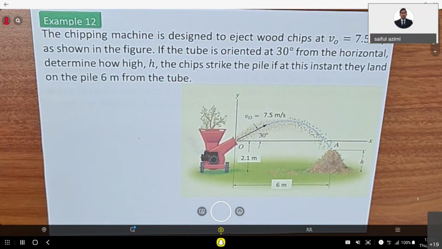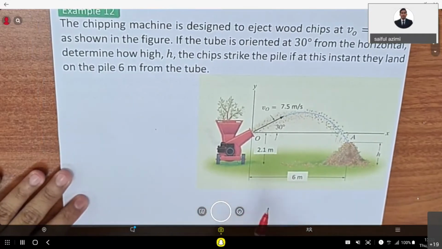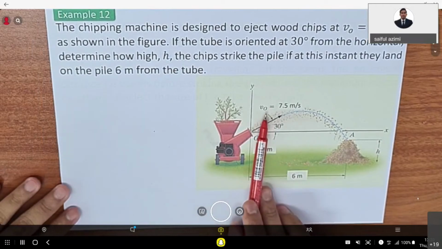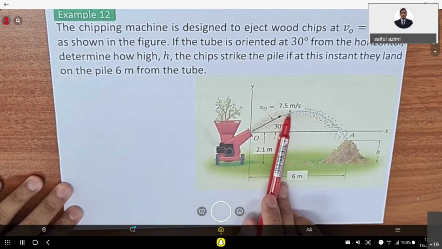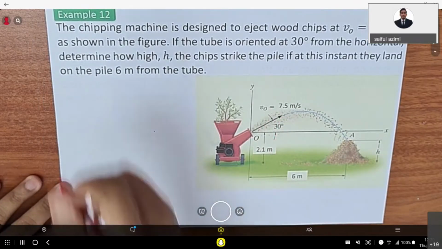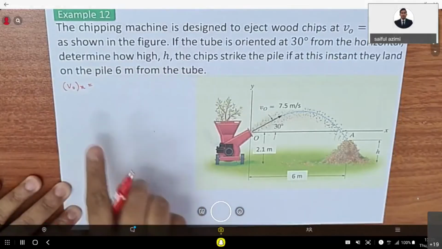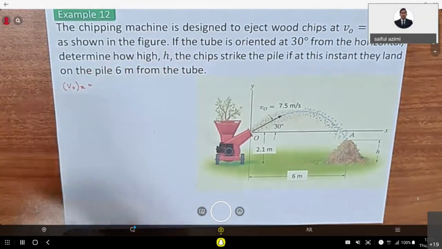To find it, first and foremost, we need to find the initial velocity of the chipping machine. It is given the magnitude, 7.5 meters per second. So we need to resolve it into x and y. V0x equals, you know what V0x equals? 7.5 cos 30.